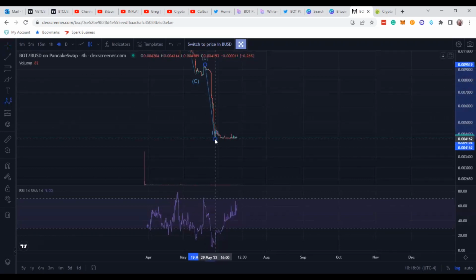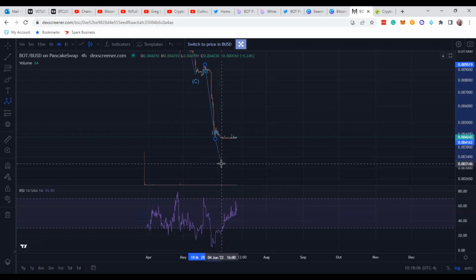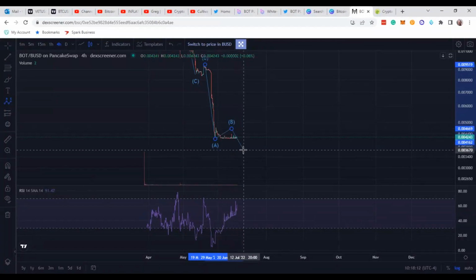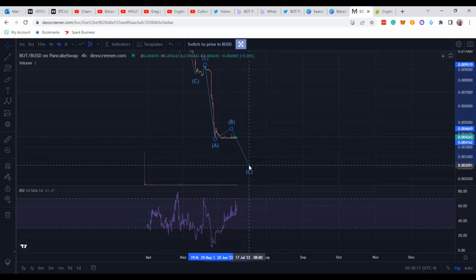So this is an A, and now maybe, based off this RSI data down here, it looks like it's stuck in a B, and it's struggling for this B. And then at some point it's going to be a C. Now the C can be like that or like this, or maybe it can go down here like that. I'm just not going to know.